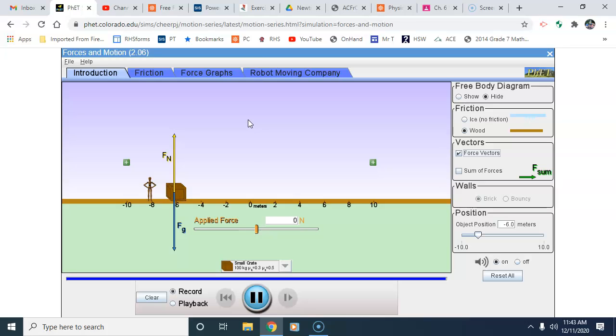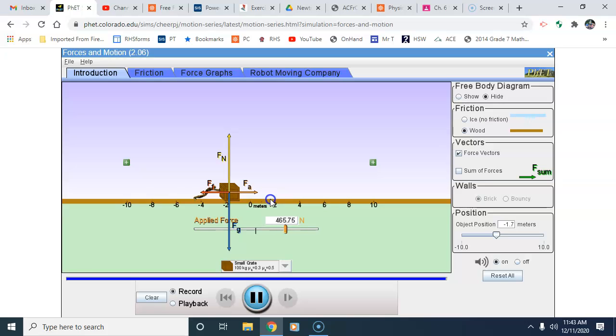So the number one thing was that something has to be moving to do work on it. And if you do get it to move, I'm going to slowly raise the applied force by this person.